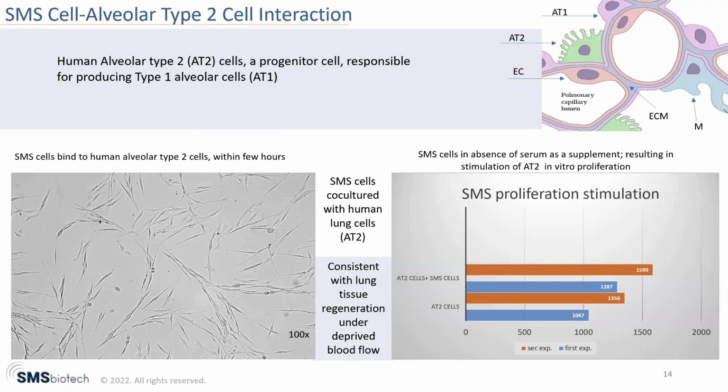SMS cells also bind strongly to type 2 alveolar cells, not to type 1. They stimulate their growth in the absence of serum. And that's quite important because alveolar type 2 cells that are known to restore the lung tissue are usually deprived of blood flow in damaged tissue.